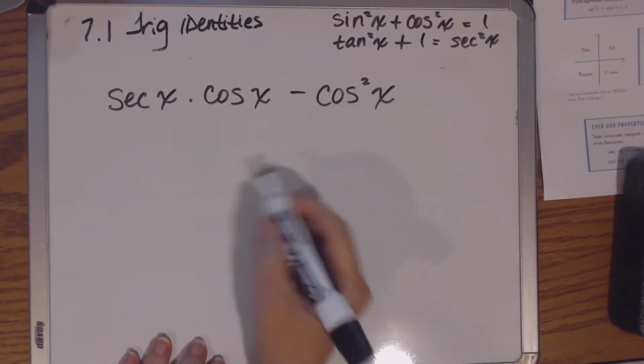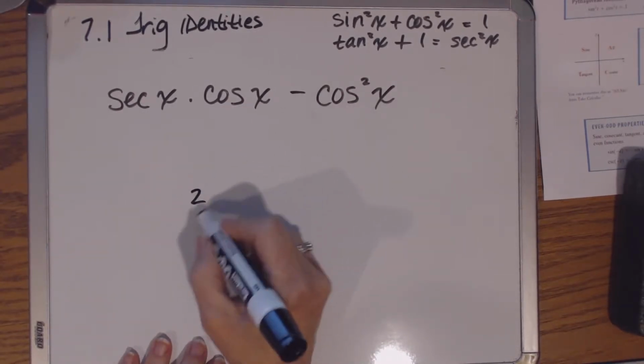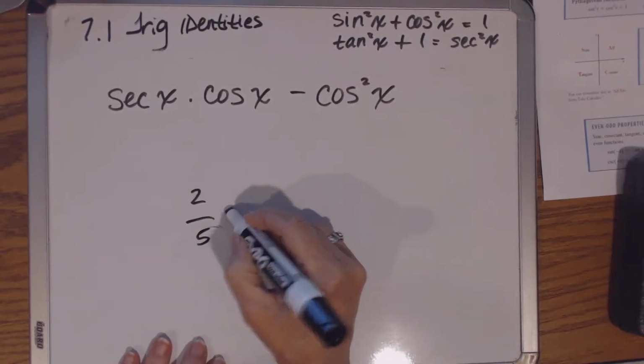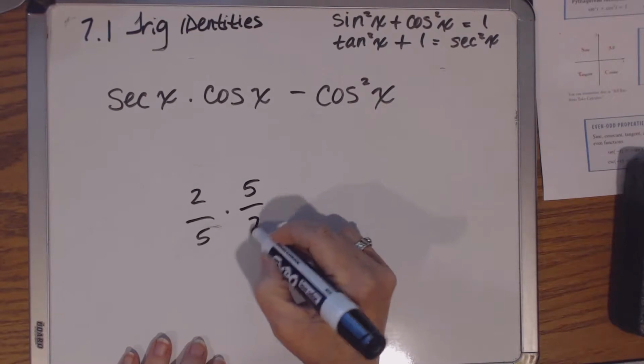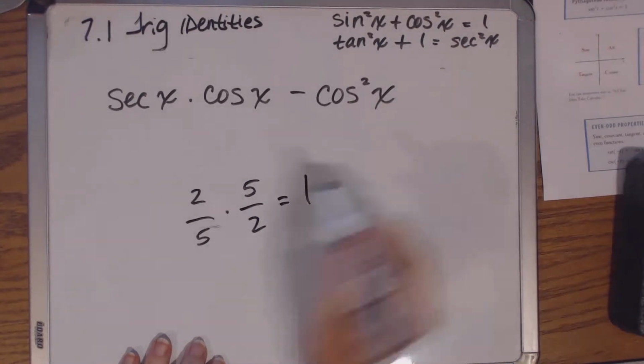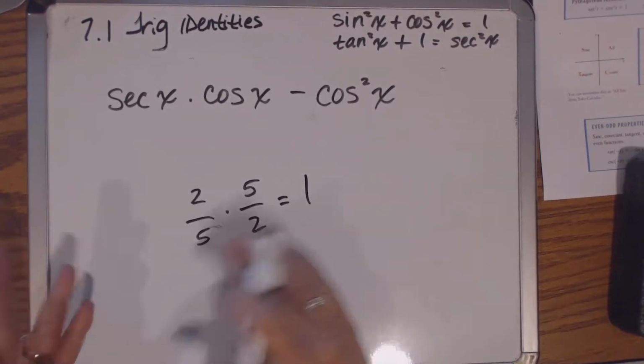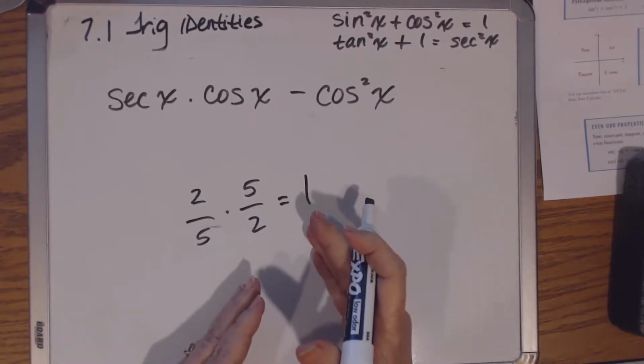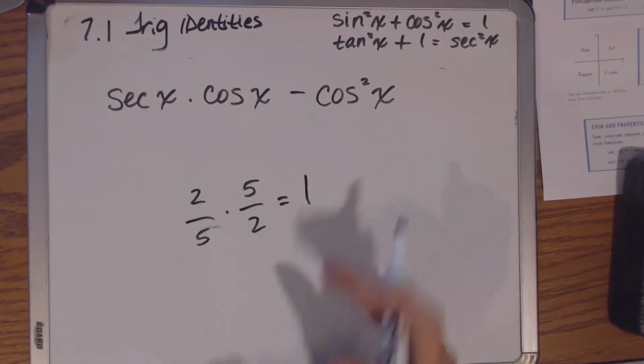So one thing we know about reciprocals: let's just do 5/5 times the reciprocal. I flip it upside down because when I multiply those, I get 1. It doesn't matter what number I start with, the reciprocal will always give me a product of 1.